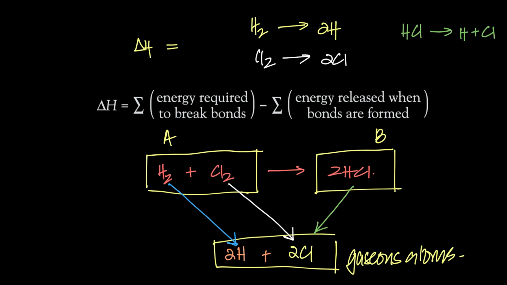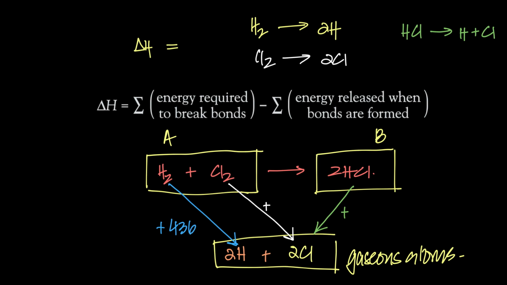So now, by the way, all these three arrows are bond breaking. They're all going to be positive. The blue one will be the bond energy of H-H. Let's say I tell you that the bond energy of H-H is 436.